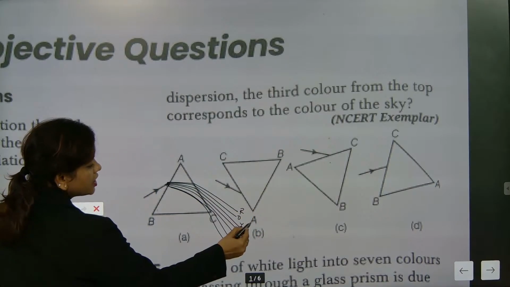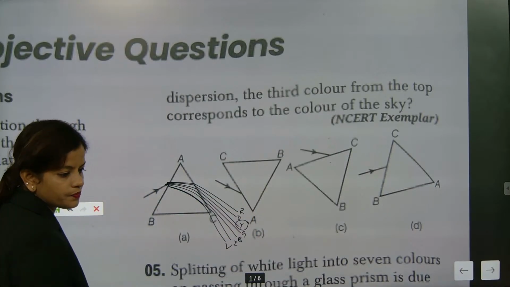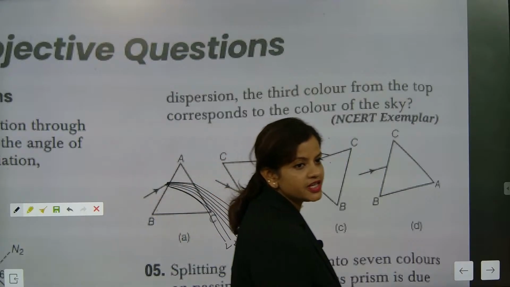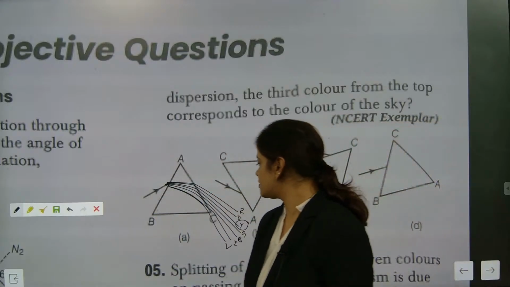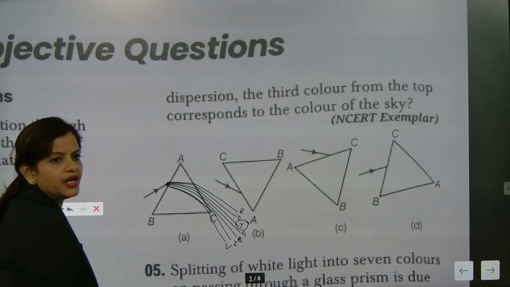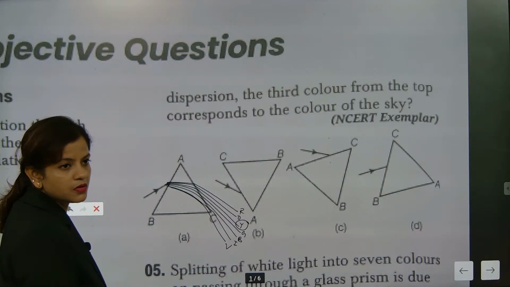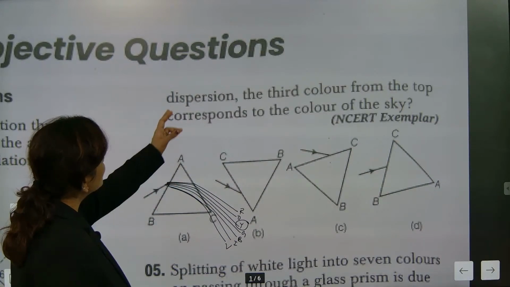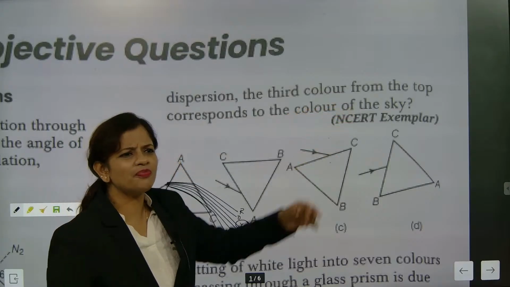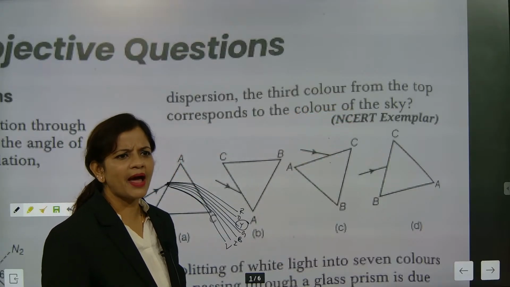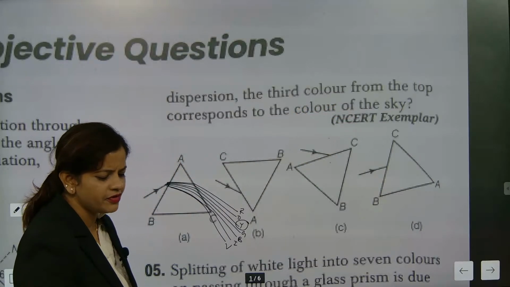The third color here is yellow. Then how can you say A as the answer? The third color, VIBGYOR is from the back only, no? The back one, blue, is third. They are asking the third color from the top, and you are checking from the back. In exam, do not make the same mistake, everyone.